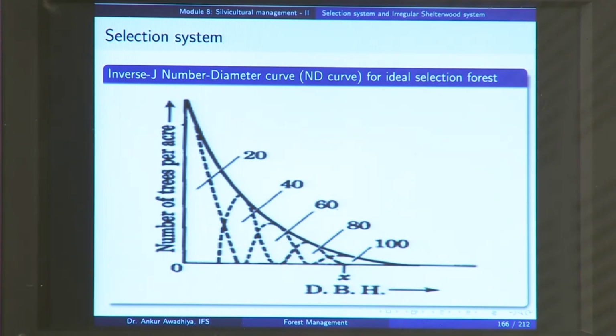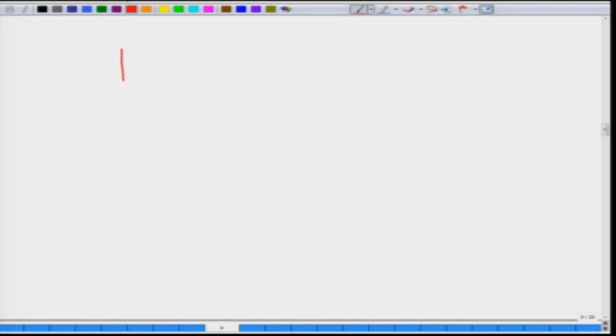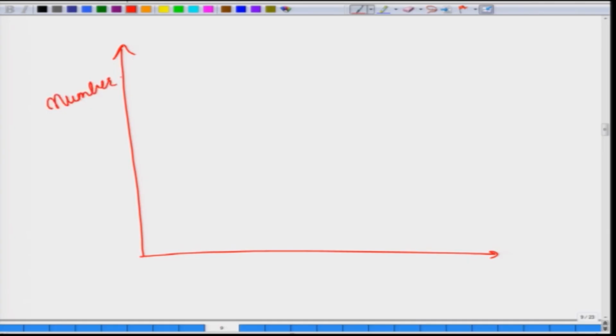So, what is happening here is that if you consider an ND curve that looks like this. So, here you have the number and here you have the DBH. Now, if you consider a stand that is an even aged stand, so how will the ND curve look like? So, the ND curve will look something like this.